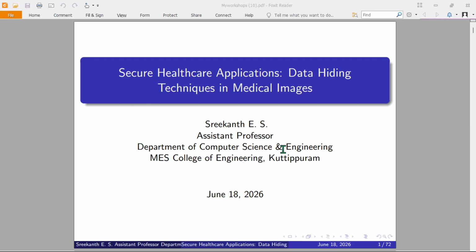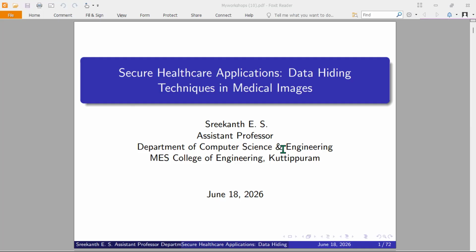Today I'm trying to take one topic to give the basics of reversible data hiding. This is what is majorly used in medical images. As you know, after COVID-19, the transmission of medical images online has become very popular. Why?